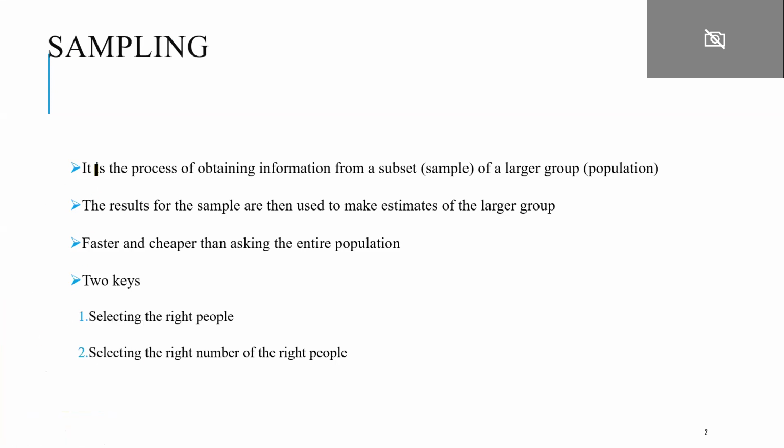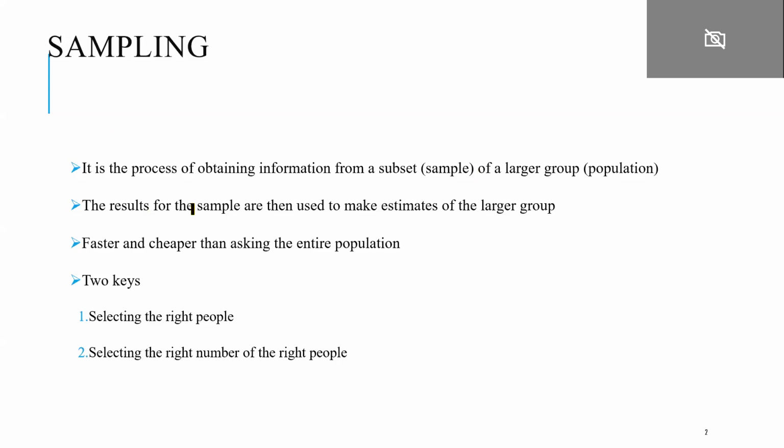it is a process of obtaining information from a subset or sample of a large group, the population. Means sampling is a process of collecting information or collecting some units from your larger group, which is called the population. The results from the sample are then used to make estimates for the larger group.